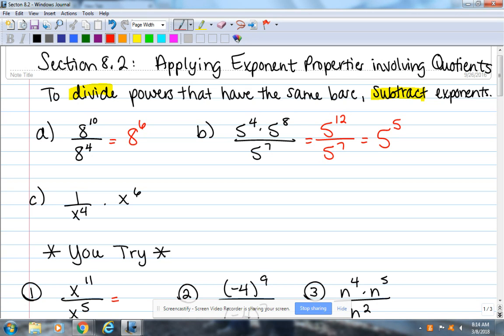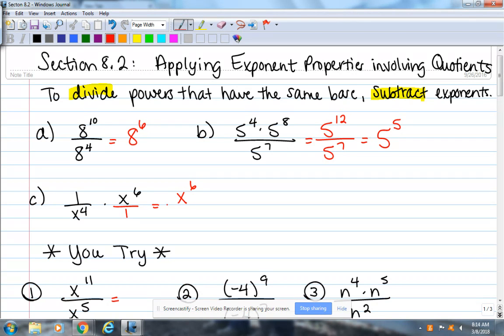All right, the next one looks a little crazy. It's 1 over x to the 4th power times x to the 6th power. Now, how do we multiply a fraction times a whole number? Put the whole number over 1. And then we multiply across, don't we? So 1 times x to the 6th is what?